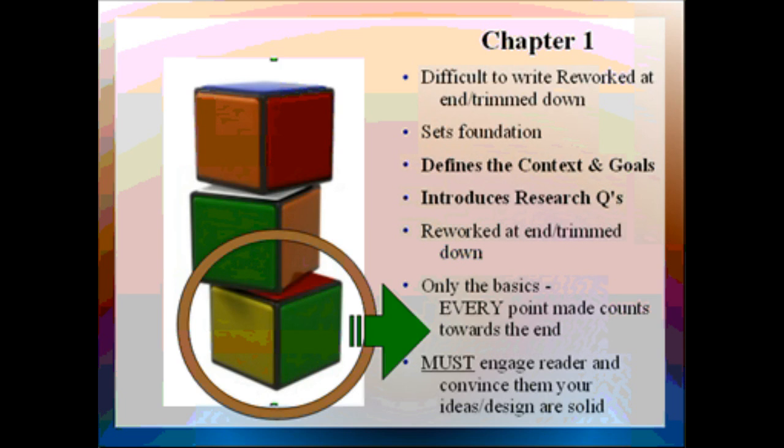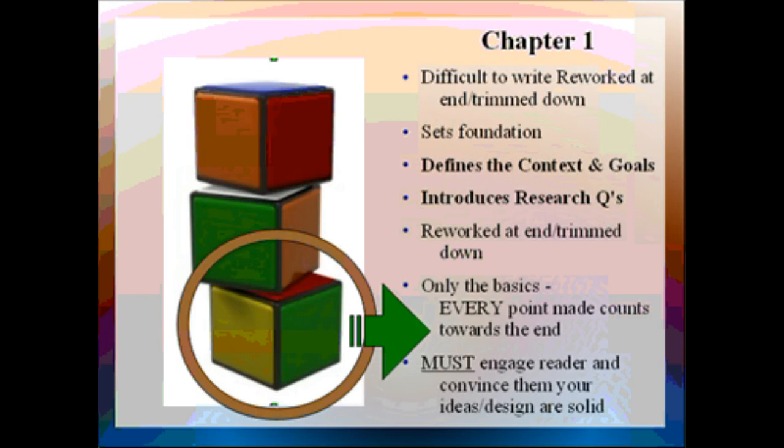By context, I mean not only the broader issue under study, but also the local context in which your research will take place. Only the basics here. This is not where you put all that you know about any of these things. The purpose of this first component, calling it Chapter 1, is that it must engage the reader and convince them that your ideas and design are solid.